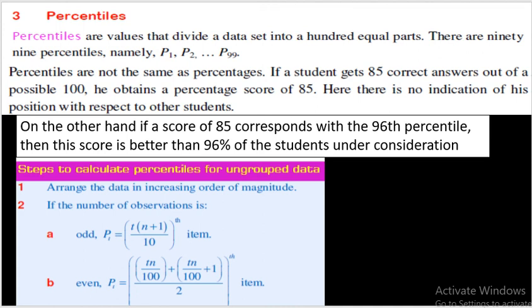So again, to find percentiles, we have the same process and same formulas as those of quartiles and deciles. First, arranging in increasing or ascending order, and the second is the formulas. The formulas again depend on the number of data. Let us see by example. Our example here is the same as the previous one.